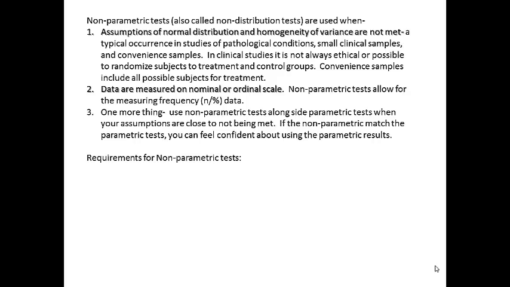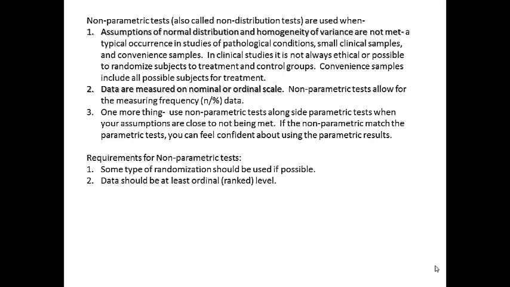Now, even though non-parametric tests are considered distribution-free, we still like to meet some obligations and assumptions. Whenever possible, some type of randomization should be used, but we realize this is not always possible. We wouldn't want to randomize patients on a floor to treatment and non-treatment groups. That would be unethical.